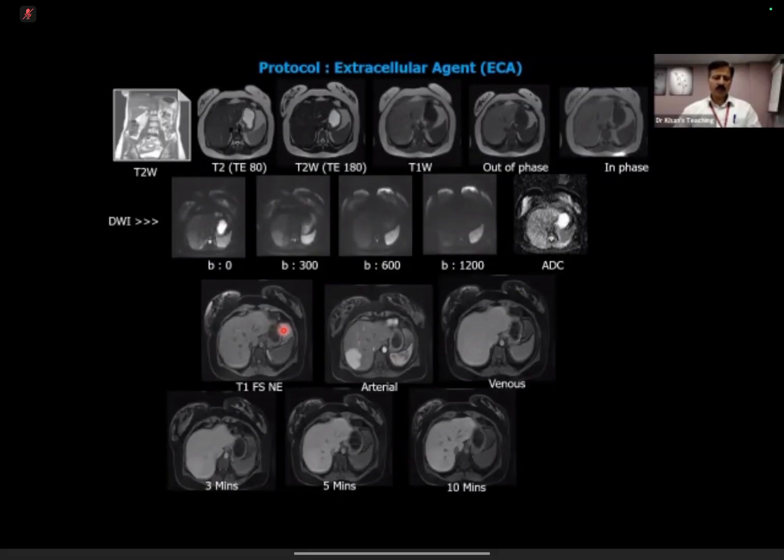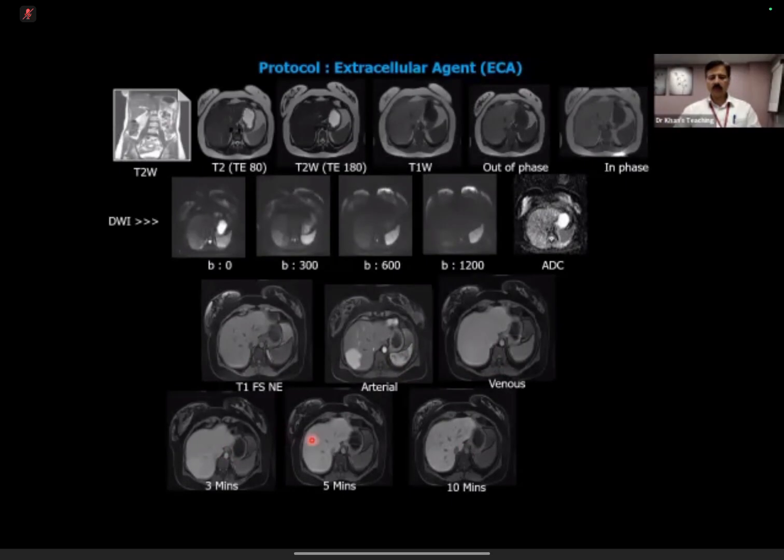Now after the DWI, we do a fat saturated T1 weighted sequence. And then we use an auto injector and do multiple phases. Arterial phase, venous phase. Venous phase is, as I told you, 70-second delay. Then 3 minute, 5 minute, 10 minute.